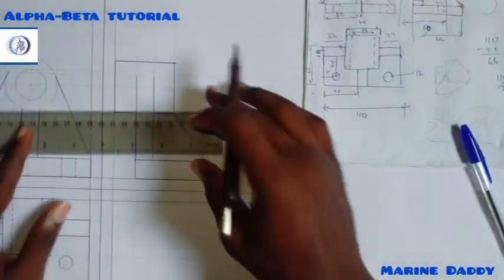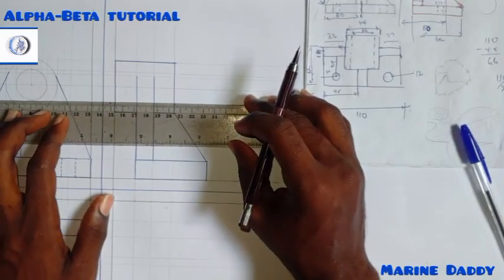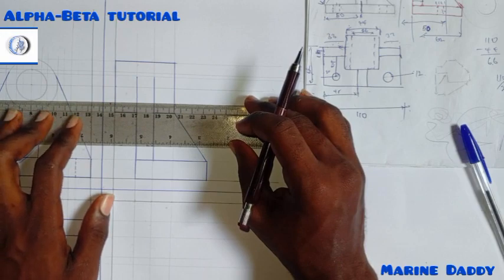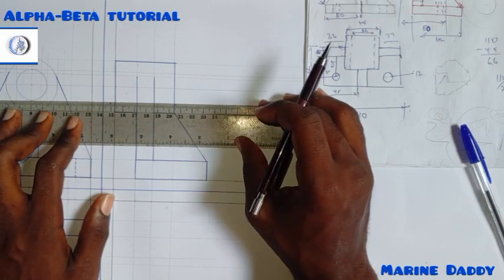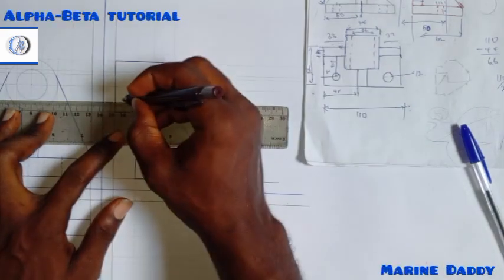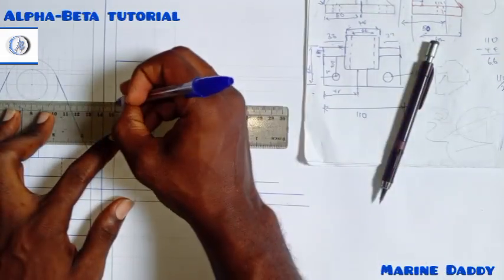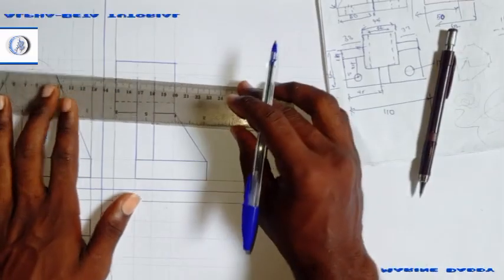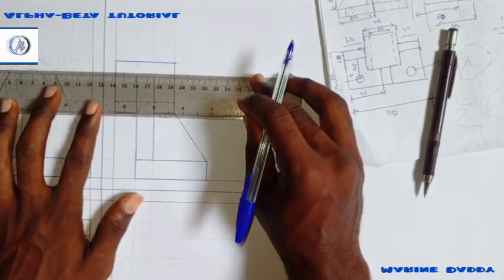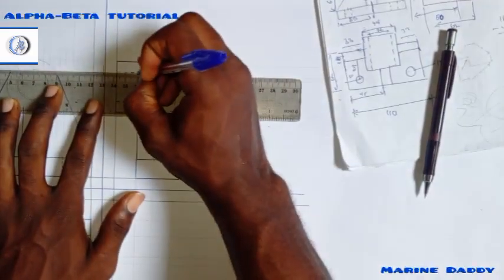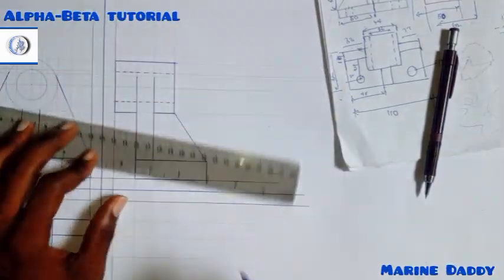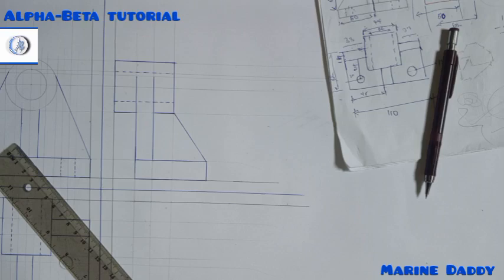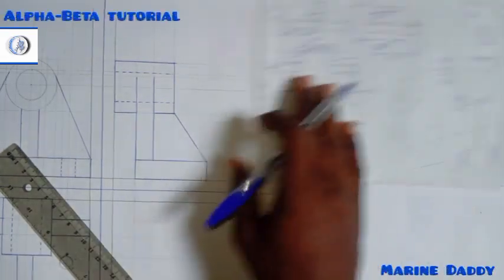And once I'm done with this, I just have to trace out this as the hollow part of my circle. So with this, we are halfway there. Okay, we are more than halfway now.